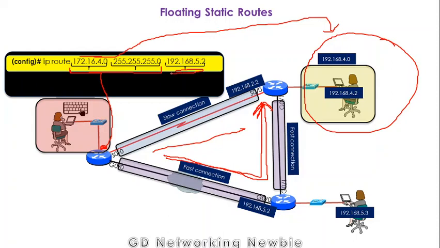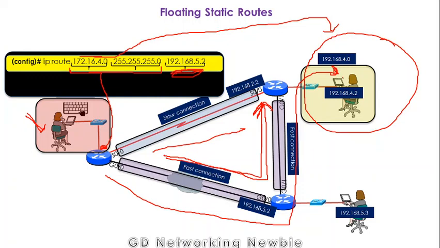Now the packet has to follow this next path, so this router as the next hop. So where is this? 192.168.5.2. So whenever this network tries to send something to this network, as per this command, static or manual configuration, the packets will flow from this path to this.